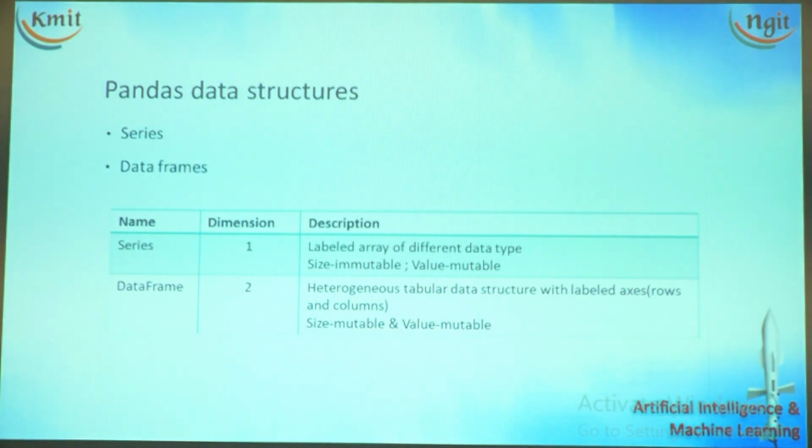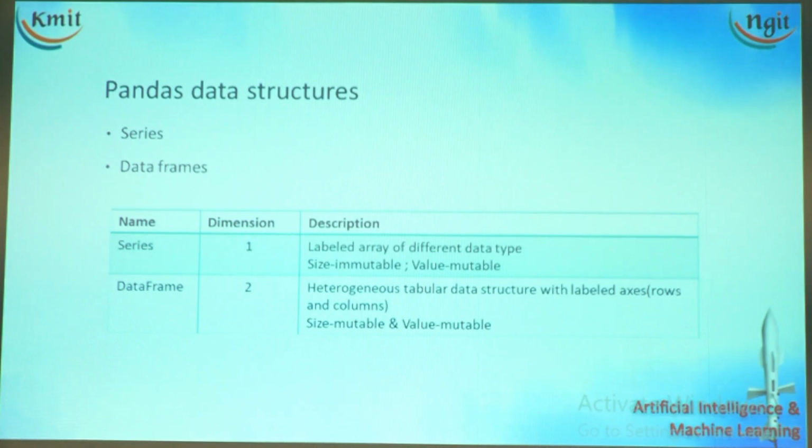But a data frame, the two-dimensional data structure of Pandas, is mutable in size as well as mutable in value. Again, it is a heterogeneous tabular data structure with labeled axes. When I say labeled axes, it means the columns will always have their index or names with them.